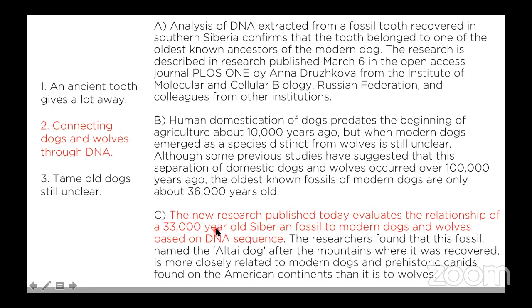So 2C. "Human domestication of dogs predates the beginning of agriculture about 10,000 years ago, but when modern dogs emerged as a species distinct from wolves, it's still unclear." Tame old dogs, still unclear. Cool. Yes, they are the answers.